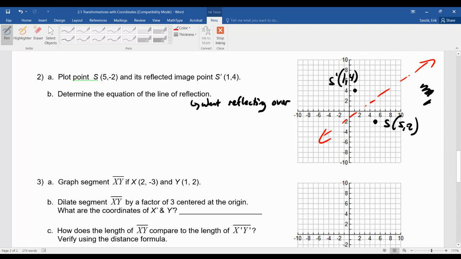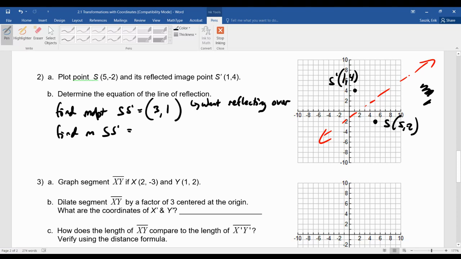So what we want to do is find the midpoint of S and S prime. And we know that our line of reflection has to go through that midpoint. So the midpoint of these 2 points up here is going to be (3, 1). And then we're going to find the slope of S S prime.